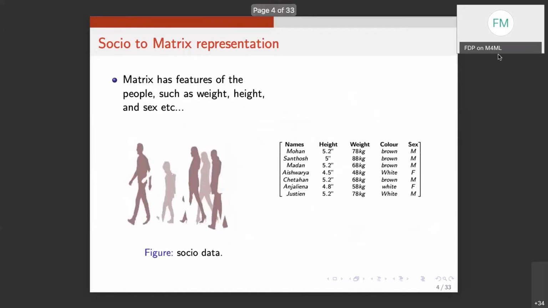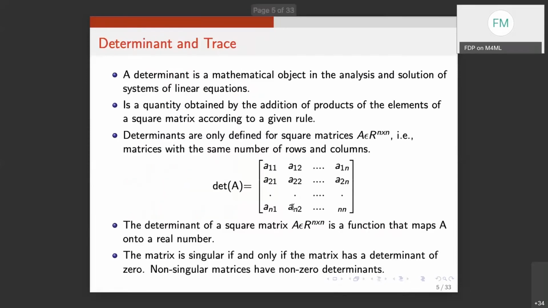This matrix has features like height, weight, color, and sex, for a set of people. This is how we generally represent any matrix. You have a set of rows and columns. Basically, rows will be represented by the people in this example, and columns by their features.